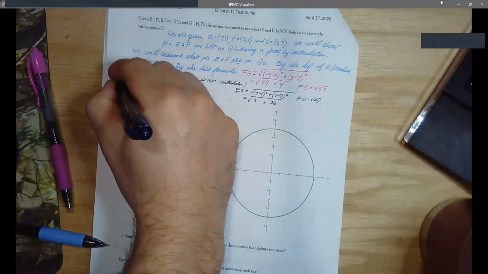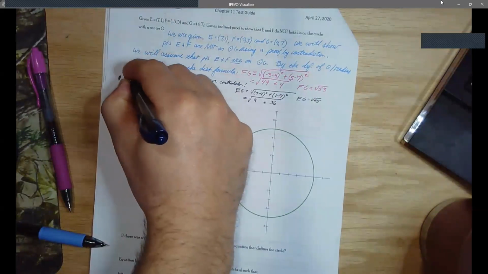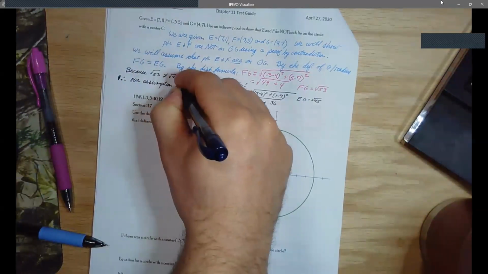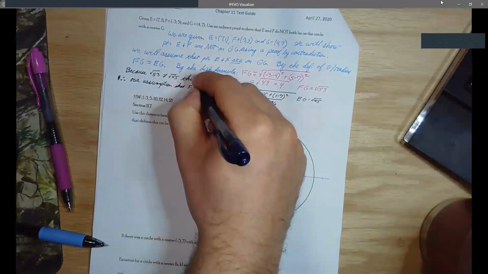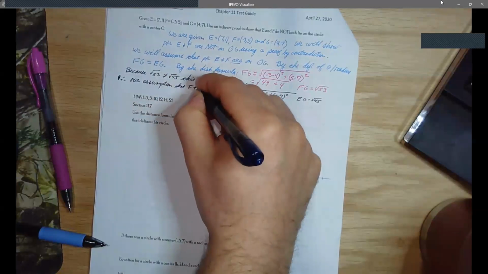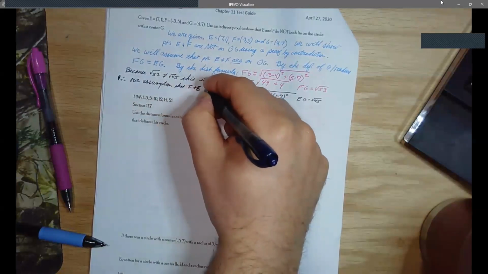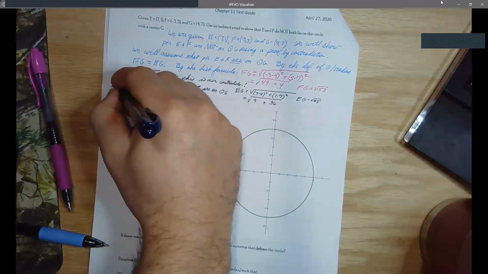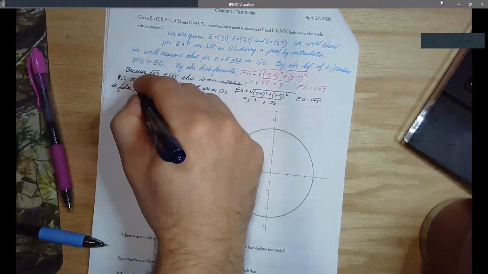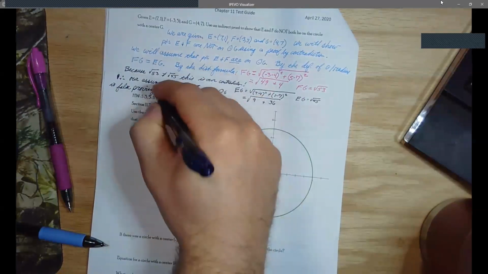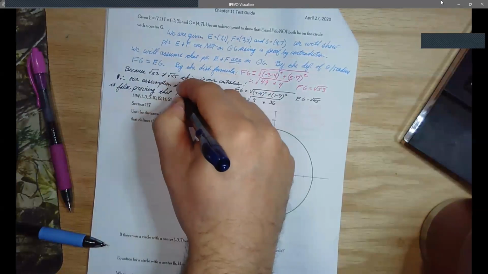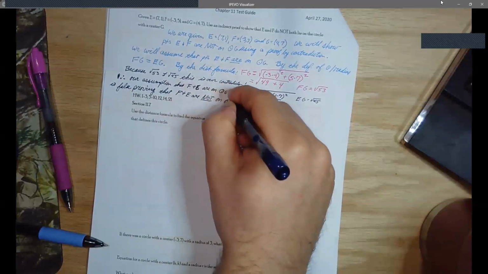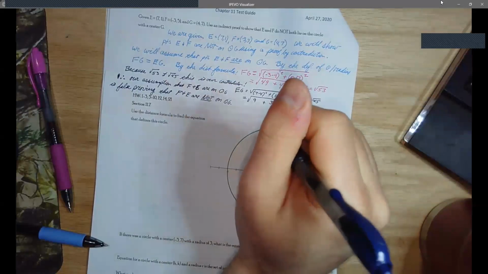So we say, therefore, our assumption that F and E are on circle G is false, proving that F and E are not on circle G. Which is what we're trying to show, right?